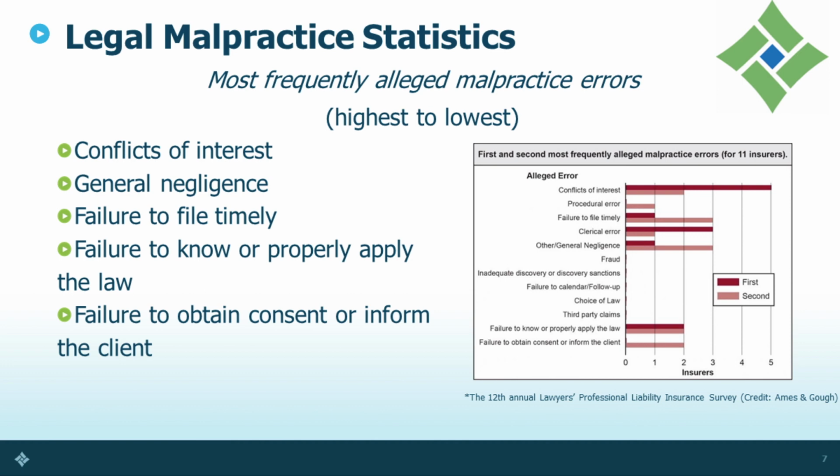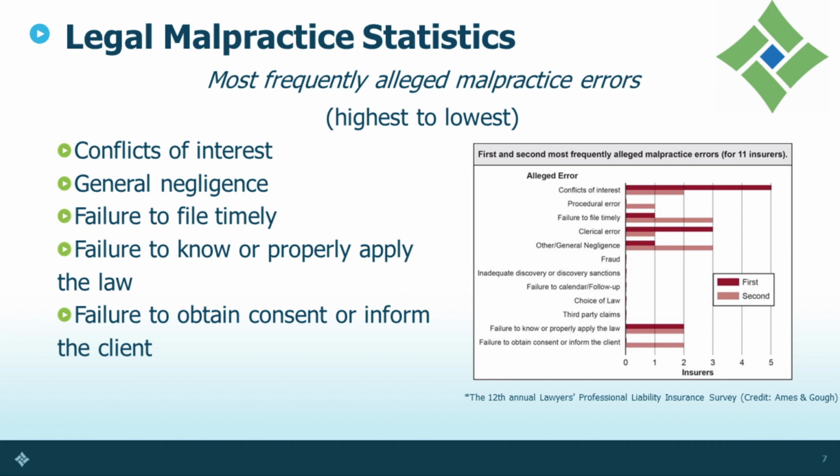Okay. Thanks, Matt. We're going to talk a bit about the types of claims that we're seeing. For as long as I can remember, conflicts of interest are the highest reported type of claim facing an attorney by 2 to 3 times, and the risks are growing as firms are expanding through mergers, and we'll talk about mergers in a bit.